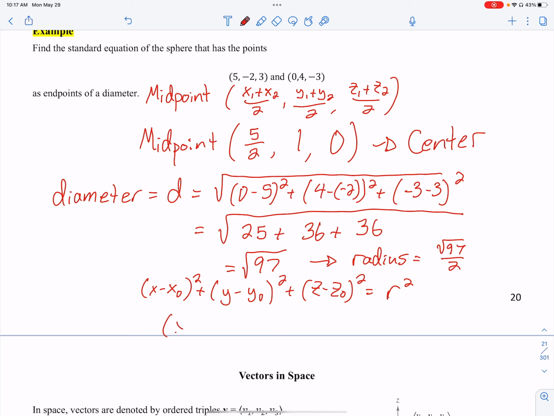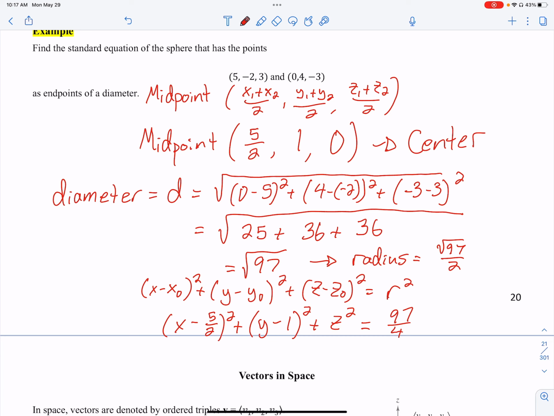So I just plug everything in. X minus 5 over 2 squared plus y minus 1 squared plus z squared. I don't have to put minus 0. And then r squared is going to be 97 over 4. The square root goes away with the square, and then you still got a square 2 because it's not in the square root. There is my sphere.